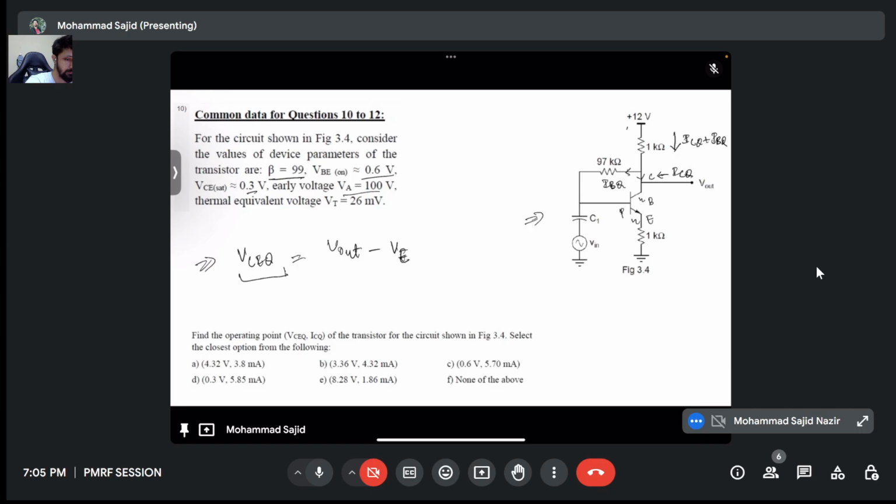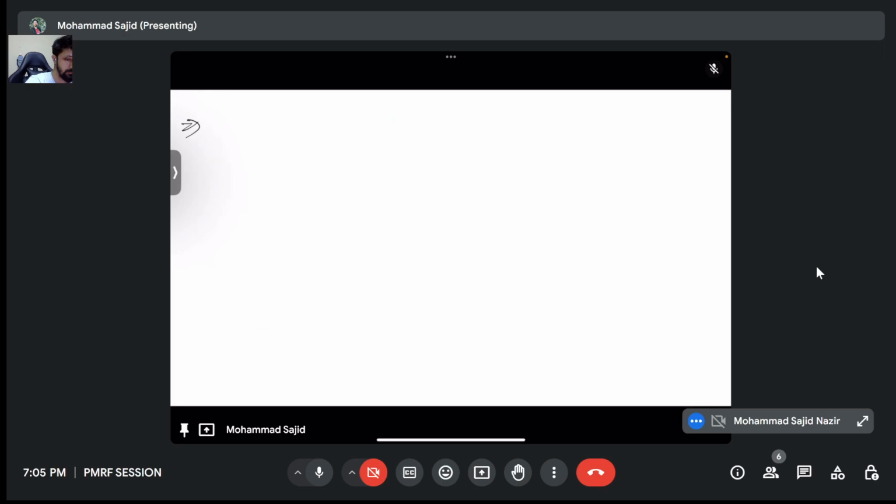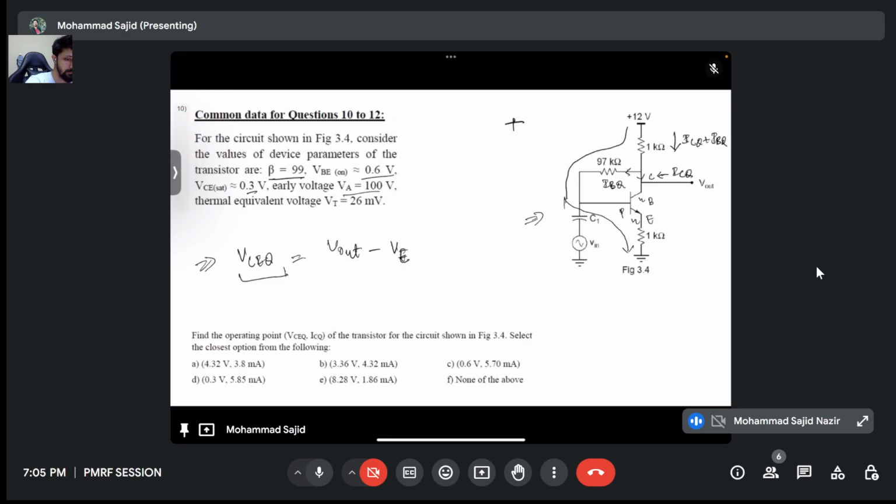So I will apply KVL going in this direction. Can you help me with the KVL? You can type in the chat box. What will be the KVL? I will wait. Take your time and write a KVL from 12 volt to ground. If you are able to write the KVL, then it's easier for you to understand these types of questions.